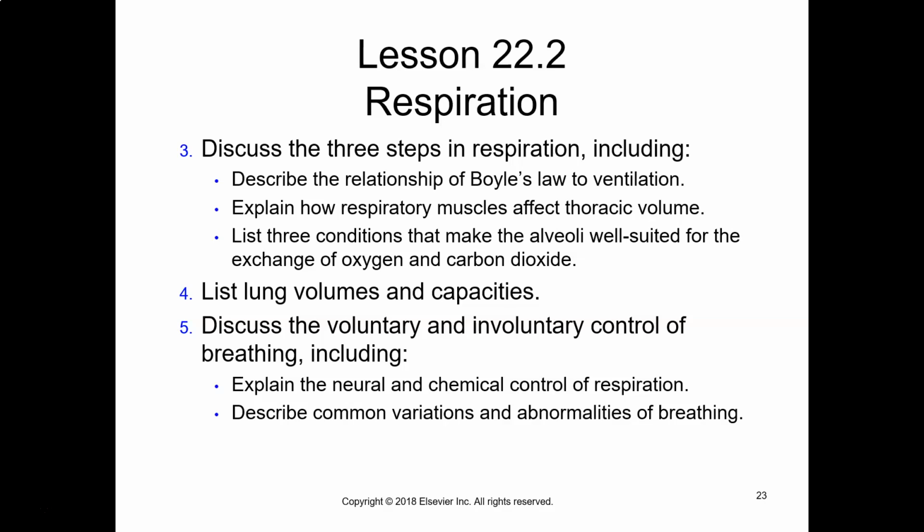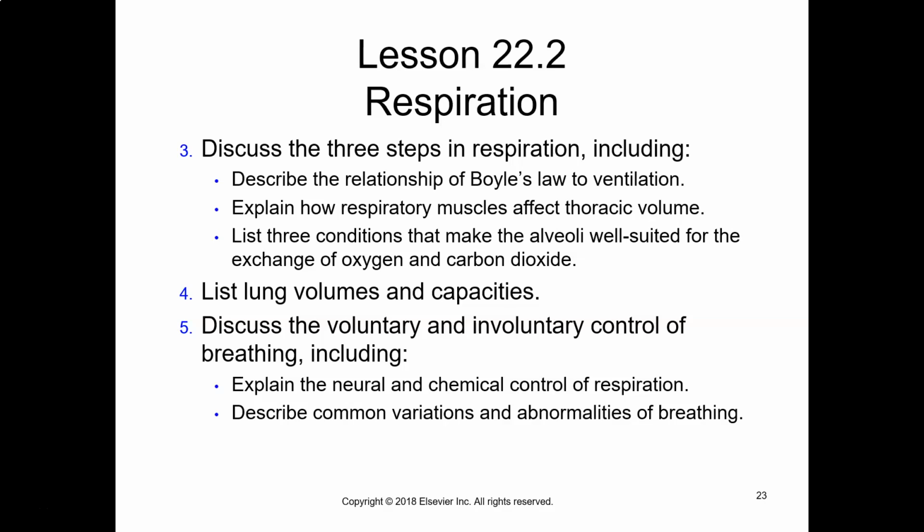And as the volume in the lung increases, the pressure in the lung decreases. So there's less pressure in the lung when there's more room in the lung. That's about the best way I know to describe it. As a result, air flows from a higher pressure to a lower pressure, from the nose into the lungs.